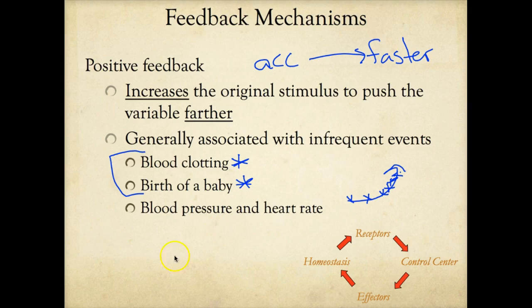Now, obviously, in situations other than clotting and the birth of a baby, making something go faster that shouldn't is considered a bad thing. So oftentimes positive feedback increases or exacerbates or makes worse the homeostatic imbalance that has occurred.